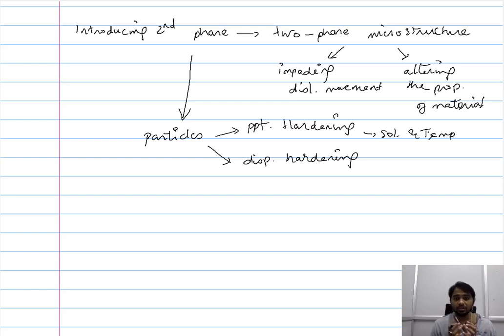Now, the whole principle of formation of this combination of the particles and the base metal is not dependent on the solubility of the solute and the difference in the solubility with respect to the temperature. We can achieve different combinations of phases, and these combinations of phases are not disturbed by the change in the temperature. So therefore, dispersion hardening is much preferred over precipitation hardening when you want to increase the creep resistance of the material.